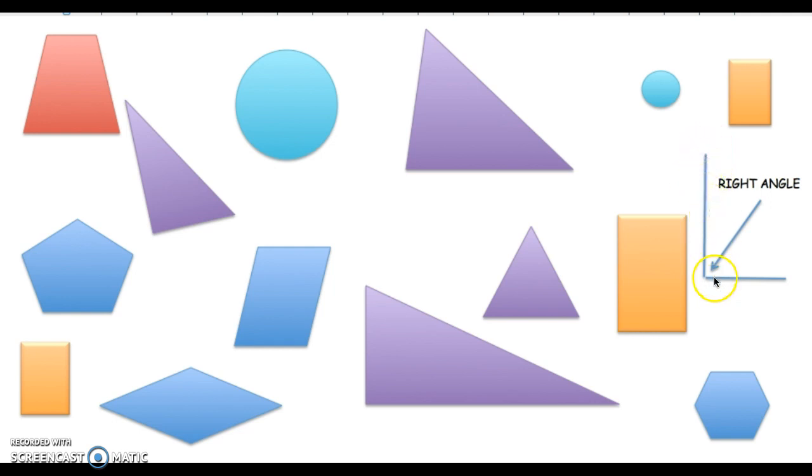That's where 2 lines meet and make this 90 degree angle. So where this line is pointing to, that is a right angle. They have 4 of them, in this corner, 1, 2, 3, 4. They're all right angles. Now, there are 3 rectangles in this group of shapes. So 1, 2, 3.